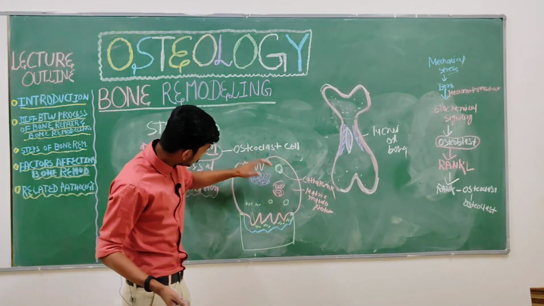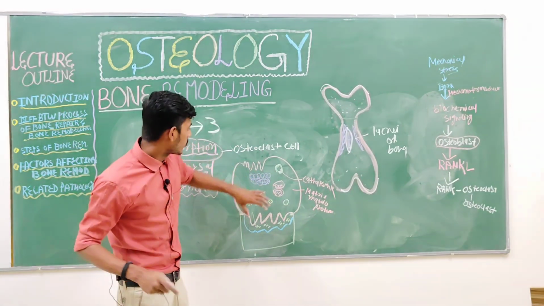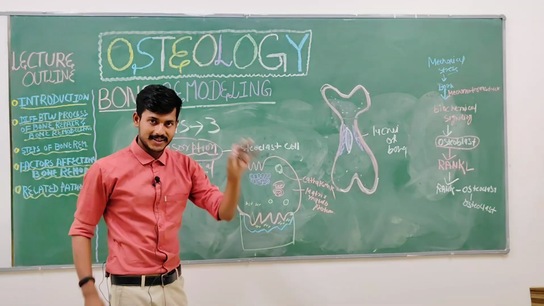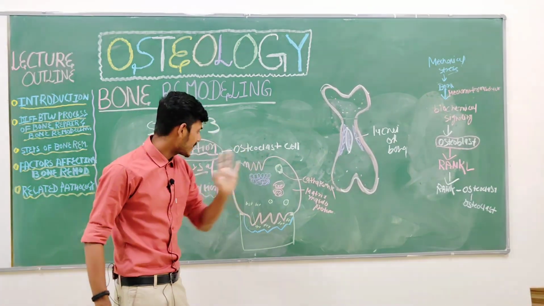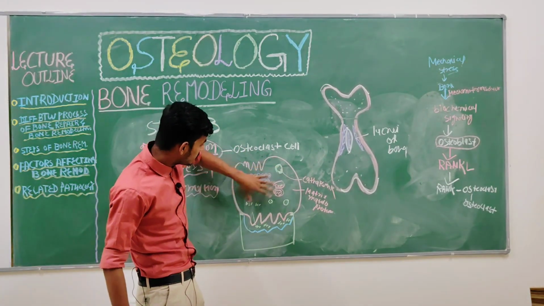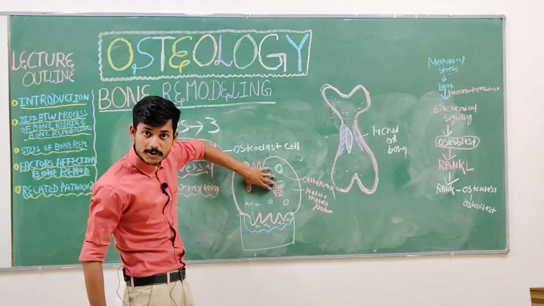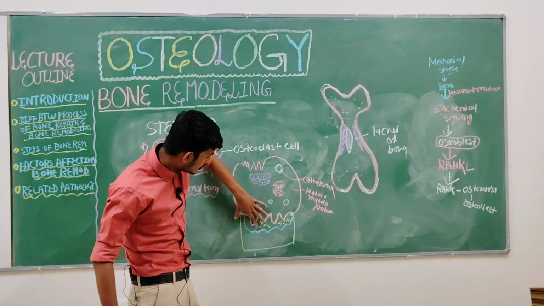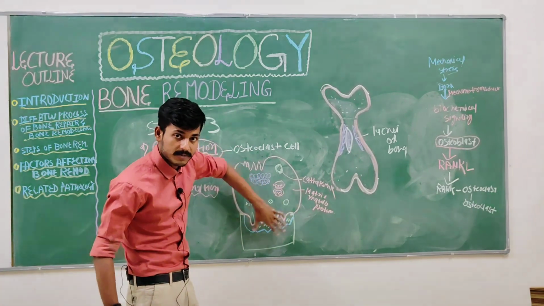Then we are depicting their diagram. Okay, we have seen that the osteoclast cell is a specialized cell in our body. First of all, it is multinucleated, and another unique feature is the brush border appearance.